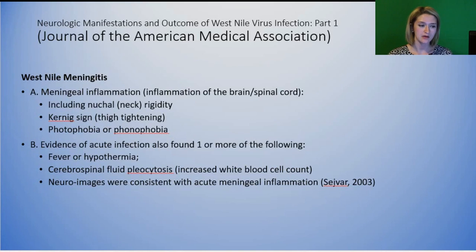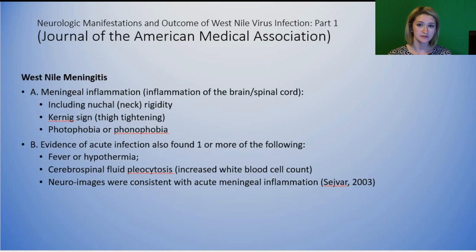Some of the diseases associated with the West Nile virus include West Nile meningitis. West Nile meningitis symptoms consist of meningeal inflammation, which is inflammation of the membranes around the brain and spinal cord. This also includes nuchal or neck rigidity.